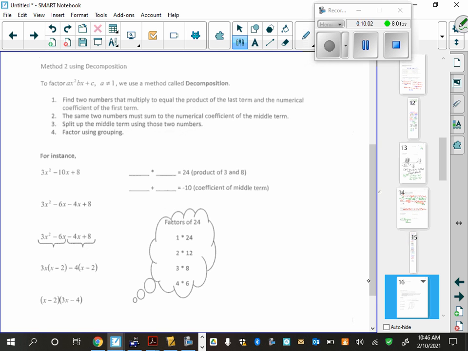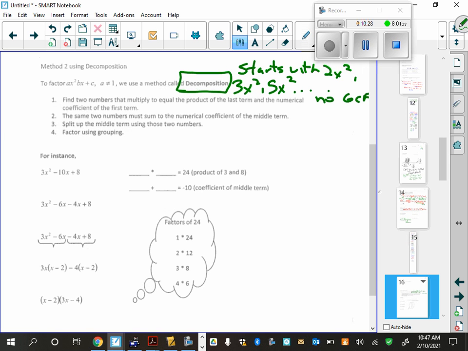So you're going to use this when the trinomial starts with 2x squared, 3x squared, 5x squared, and you can't take a 5 out. There's no GCF. If it starts with x squared, it's a sum product question. You do not do decomp, which is 3 times longer. Okay?